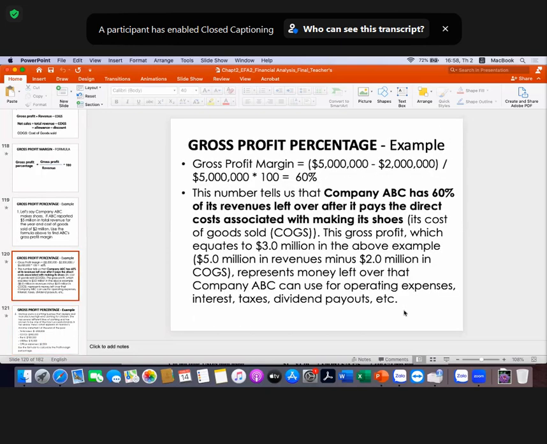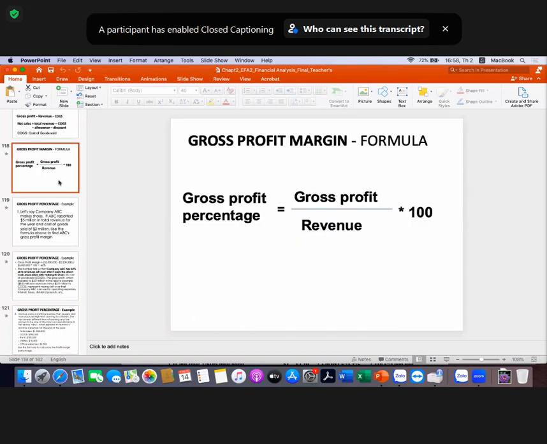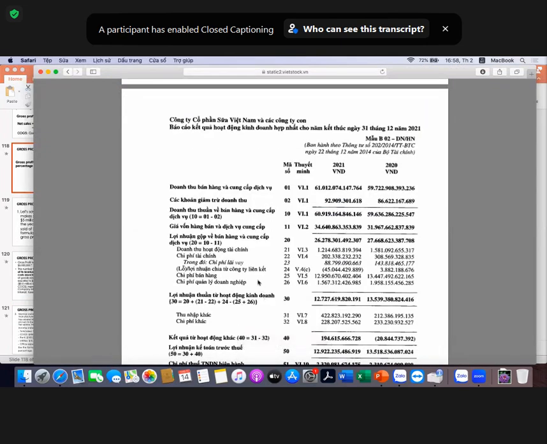Now, back to the financial statements. What is the gross margin in 2020? So in this way, what is the gross profit? 20.